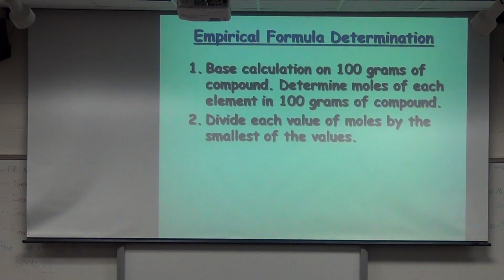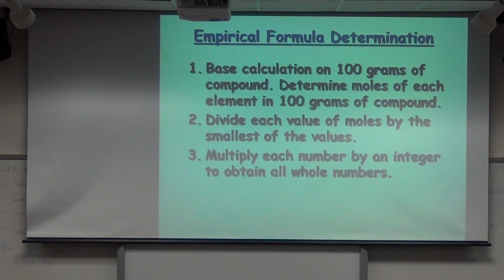It might be 1.5, it might be very random numbers, but once you divide them by that smallest number, most typically you're going to end up with halves or thirds or maybe quarters in your numbers, and then we're going to come up with one number that we can multiply by all of our ratios to get them all into whole numbers. So you're going to multiply each number by an integer. This is going to be the same integer that you apply to all of your values from step 2.